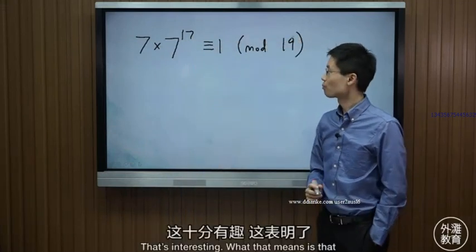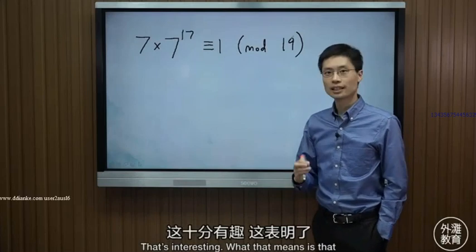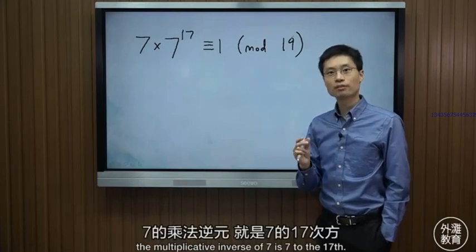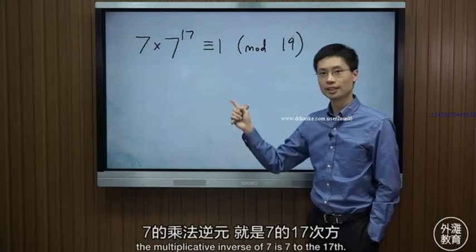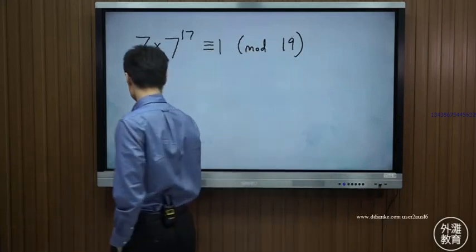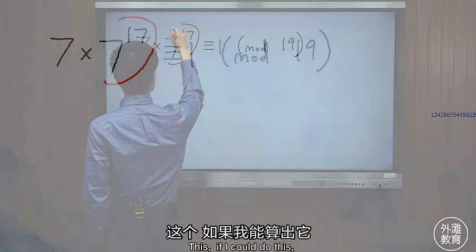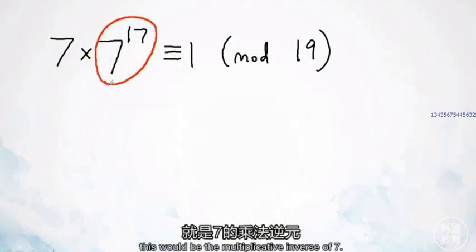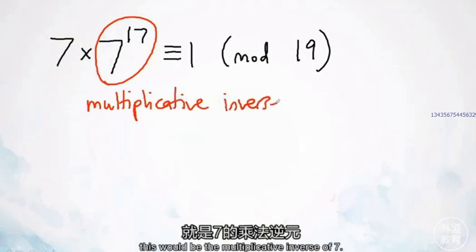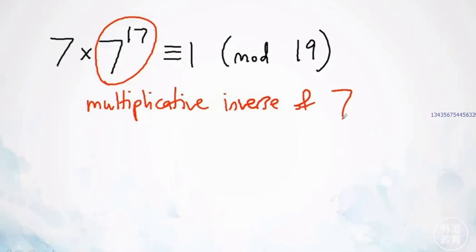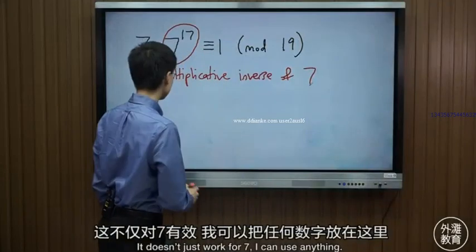That's interesting. What that means is that the multiplicative inverse of 7 is 7 to the 17. It doesn't just work for 7.